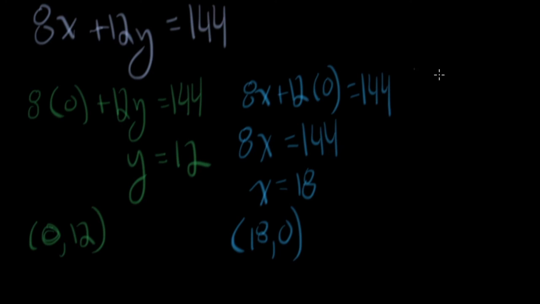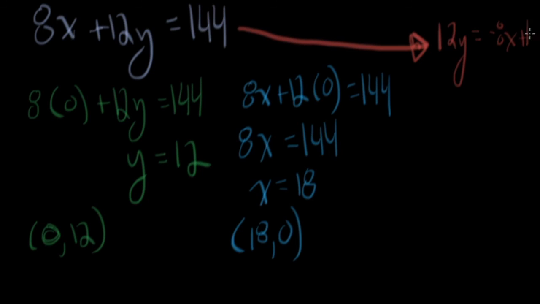Now you might be thinking, maybe you wanted to go and put this into slope-intercept form. Well, you could. If you wanted to do that, you would have done some algebra. You would have gone something like this.